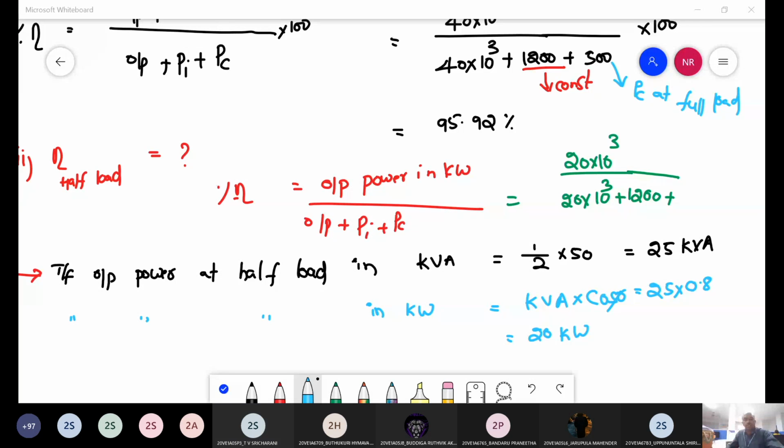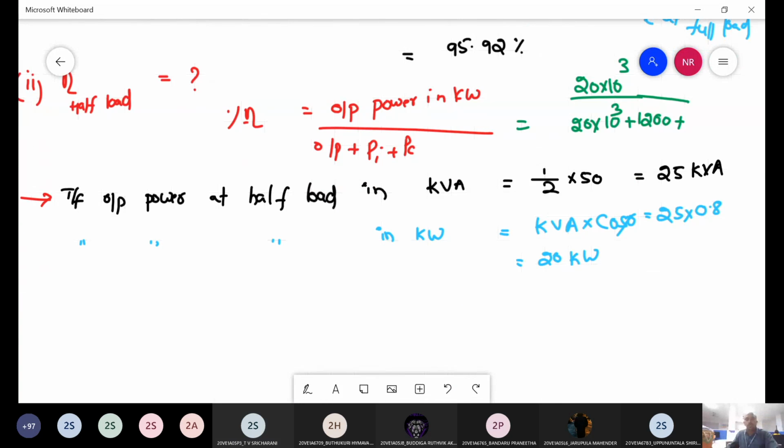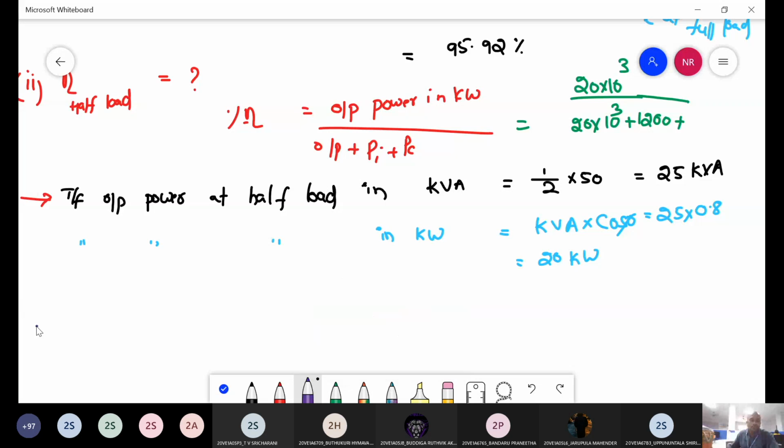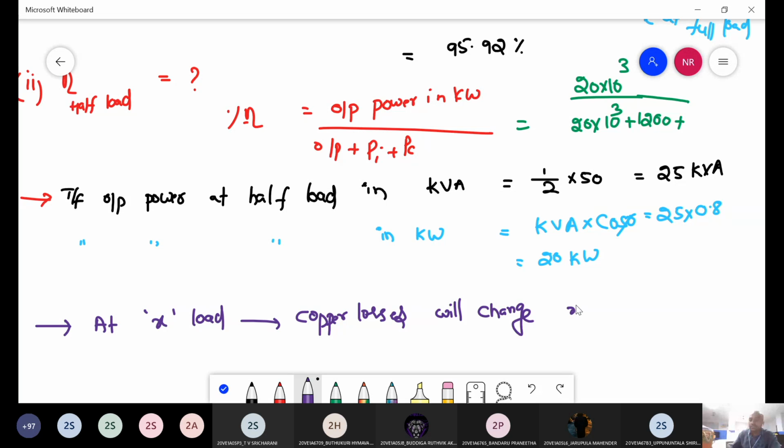Here the point, I am writing the point. Copper losses are the variable losses, and these losses will change according to load. So at X load, copper losses will change by X square factor, right?